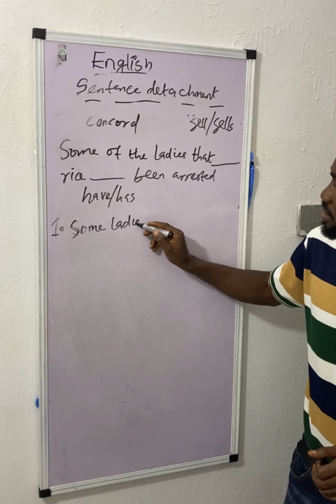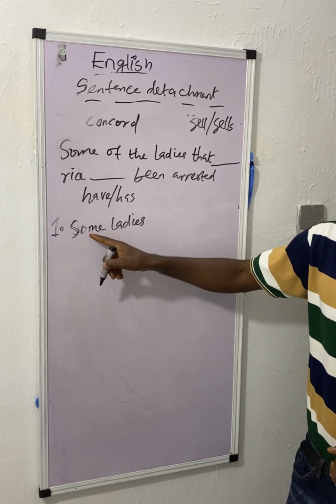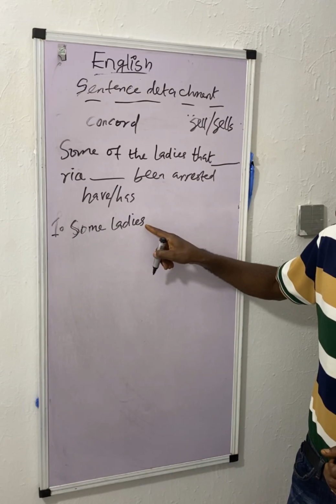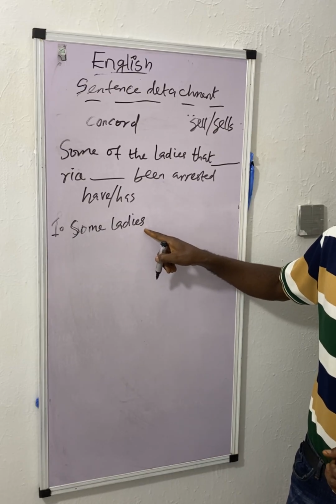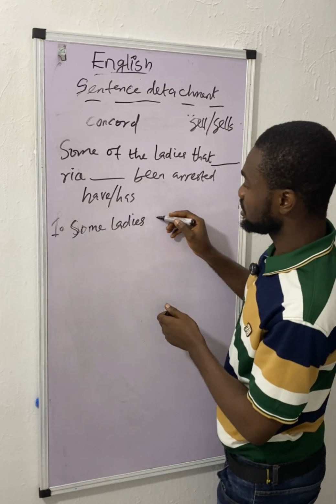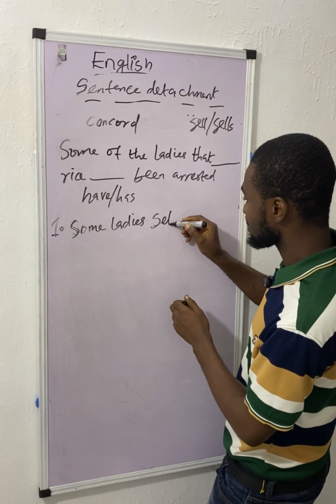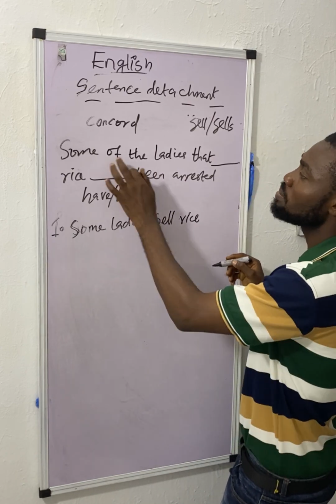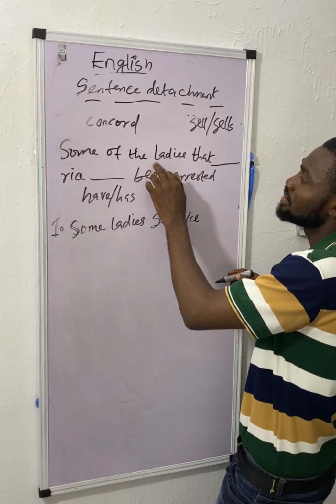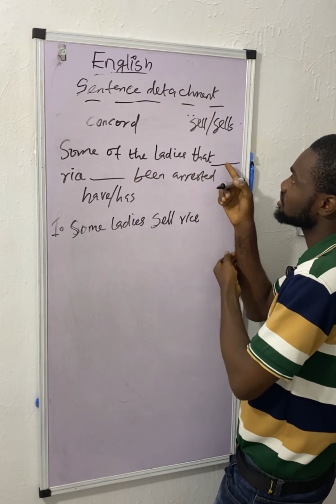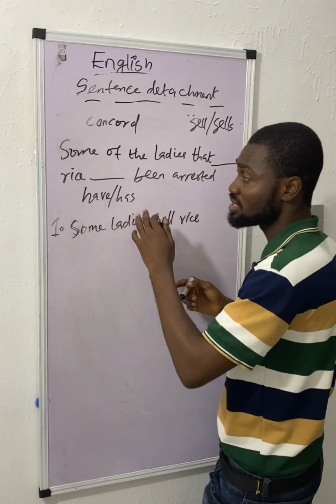Following grammatical concord, what do we put here? Ladies is plural, right? So the verb should be a plural verb too, right? So we should use sell rice. So some ladies sell rice. So we already know that some ladies sell rice.